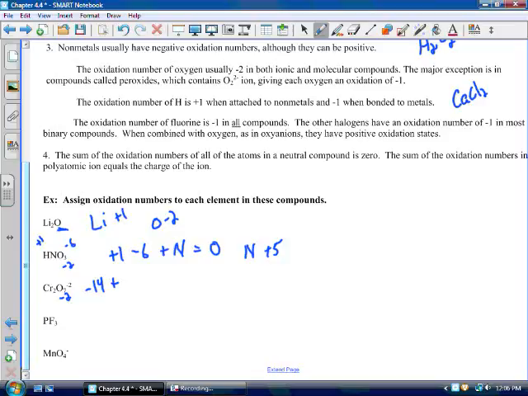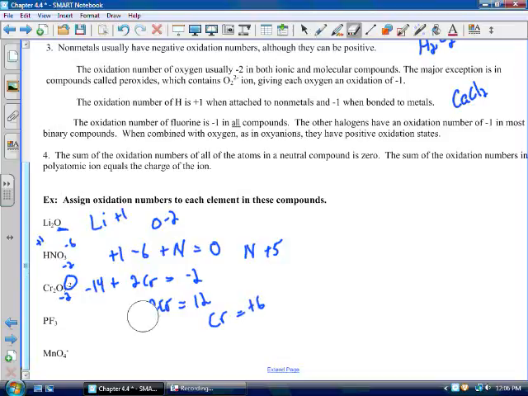Most commonly, it's 3. So in this case, let's figure out what it is. -14 plus 2 chromiums has to equal -2 because the charge of the particle is -2. So if we have 2 chromiums, do a little mathematical manipulation, add 14 to both sides, we get 12. So chromium, each one has to equal a +6 oxidation.